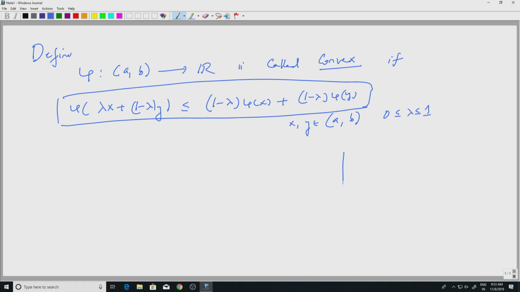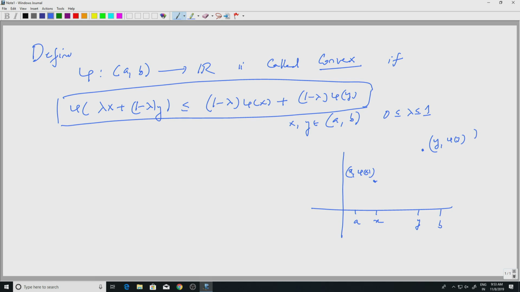Let us look at the graph of phi. Let us say this is the interval a b and I take some points there, x and y. Phi x would be some point on the y axis. So, this would be x, phi x and this is y, phi y, as points in R2.